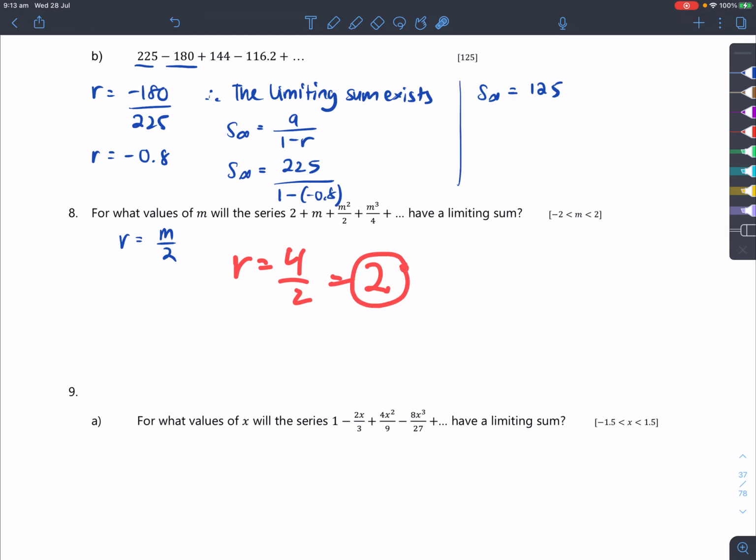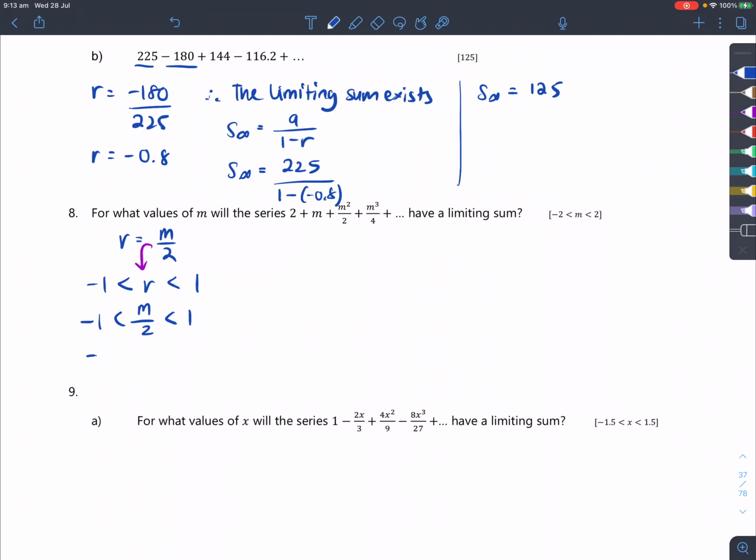Is this a number between negative 1 and 1? No. So you've got to put an m value here such that this whole term is between negative 1 and 1. So we're going to say that the ratio is between negative 1 and 1, and we stick m over 2 into r's place. So m over 2 is between negative 1 and 1. Multiplying both sides by 2 gives us negative 2 to 2. This is our answer.